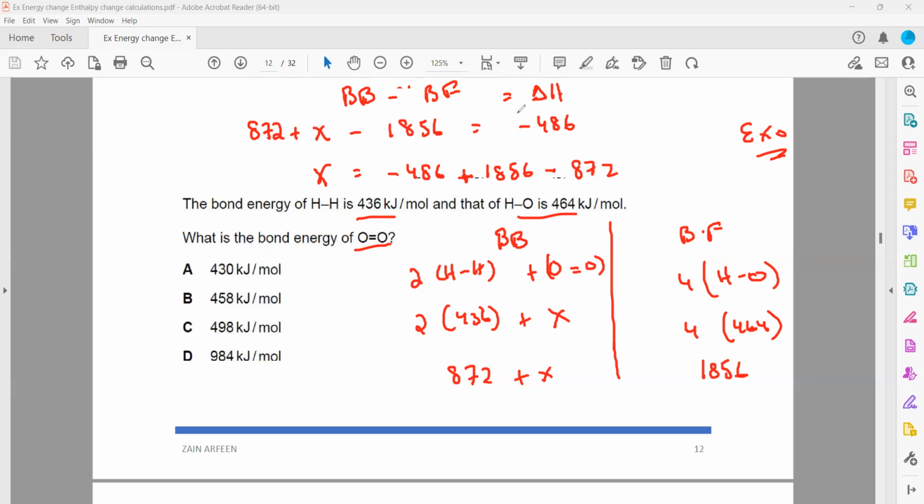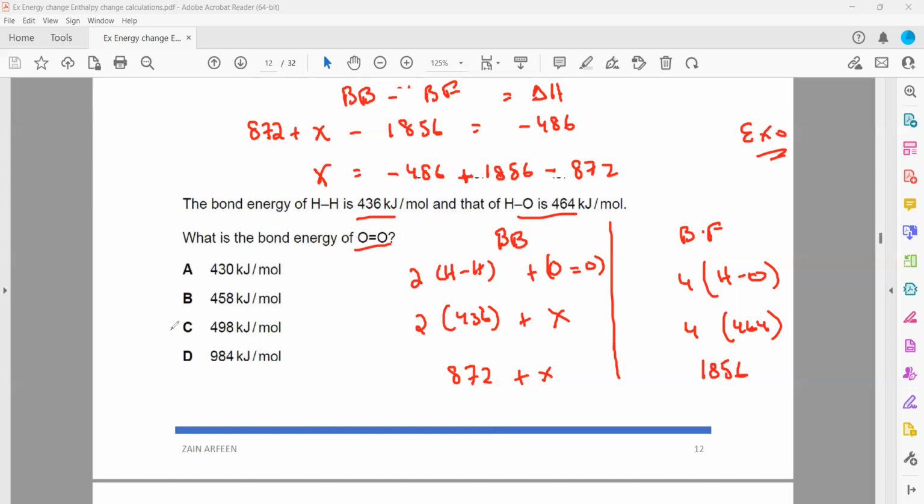So when you simplify minus 486 plus 1856 minus 872, what's the final answer? 498.